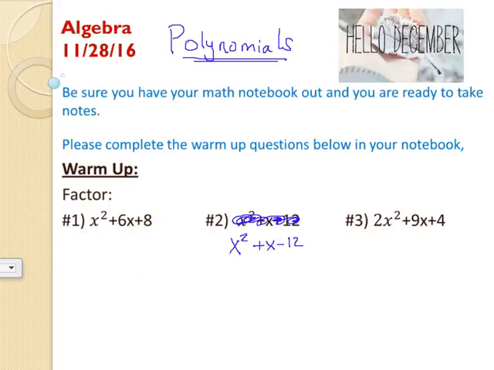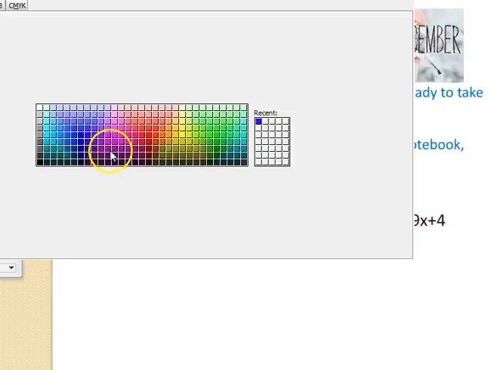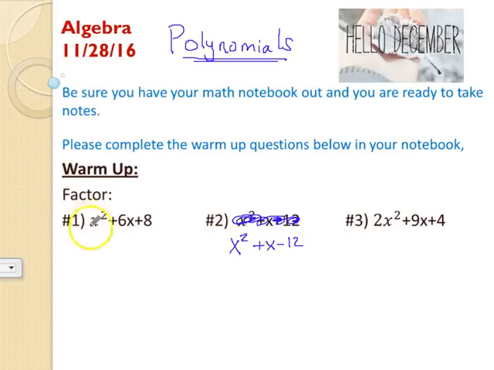Alrighty, so looking at this first problem, there's no term in front of the x squared. There's no coefficient, I should say. There's no coefficient in front of the x squared. So when you have just an x squared with no number in front of it, we can use our foolproof plan where we look for the factors of our constant term, 8.